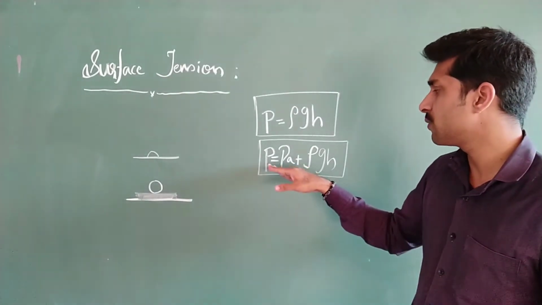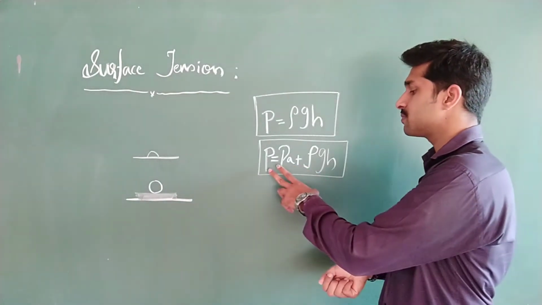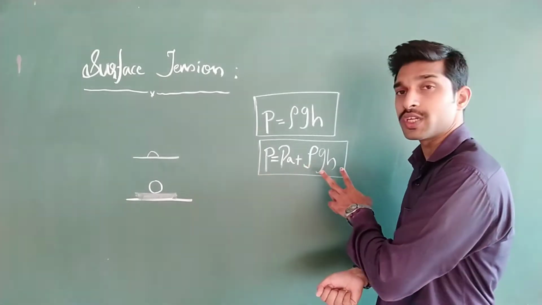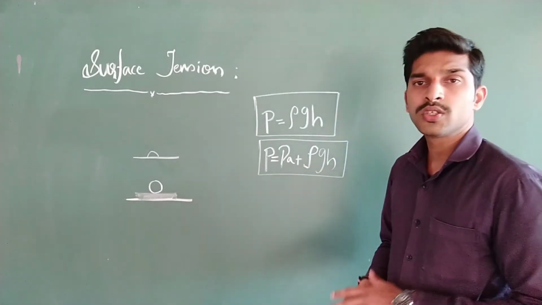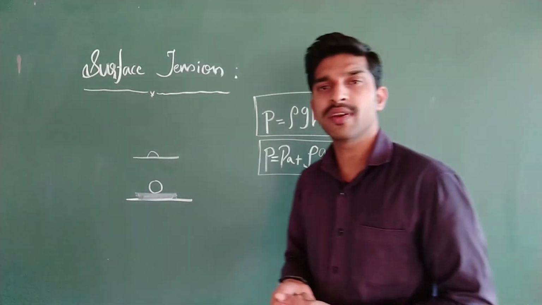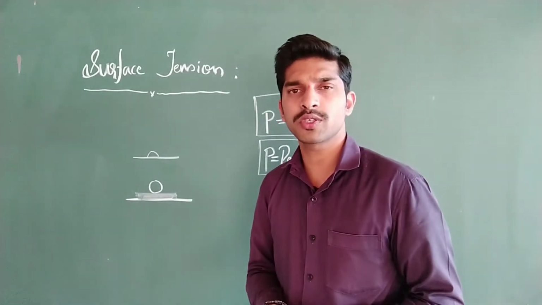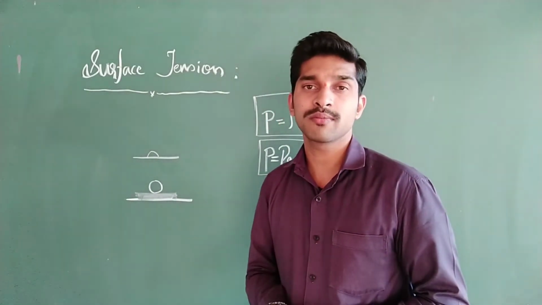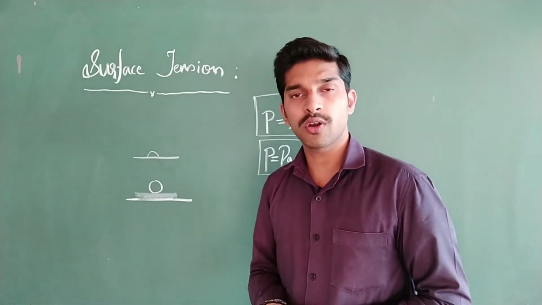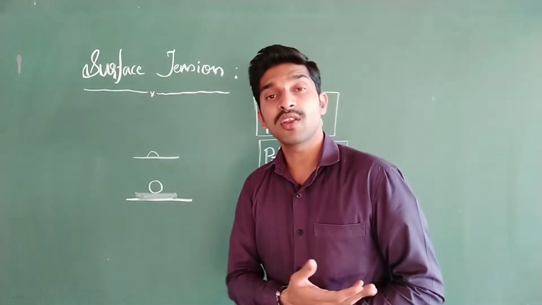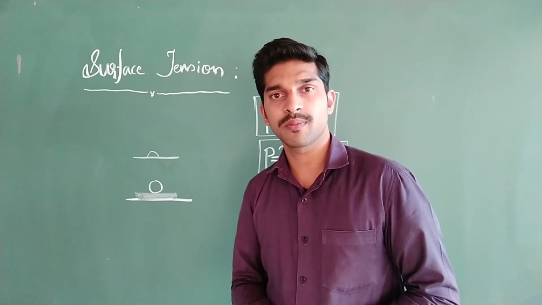And if we are having atmospheric pressure, P is equal to P_A plus rho g h. Clear? So the behavior of the liquid, no doubt, depends on the value of acceleration due to gravity.